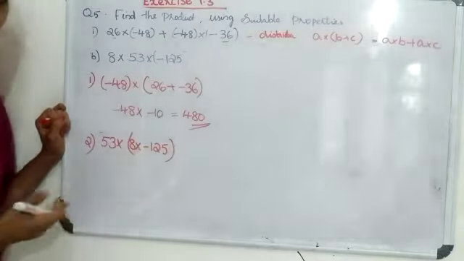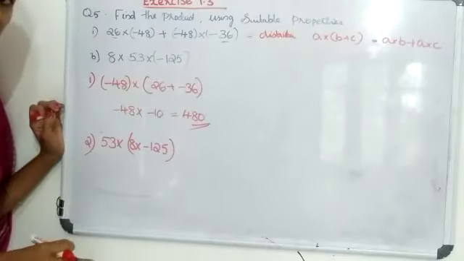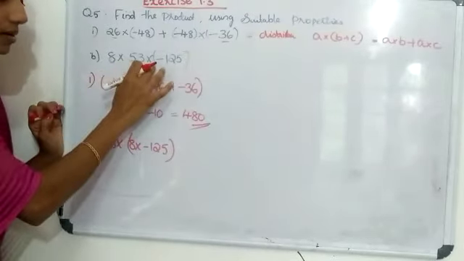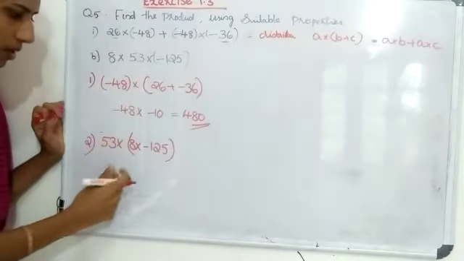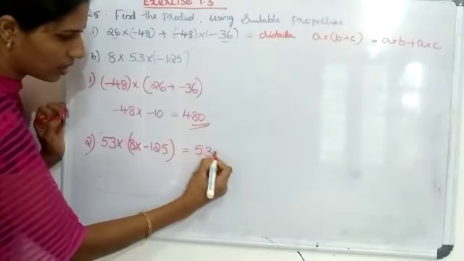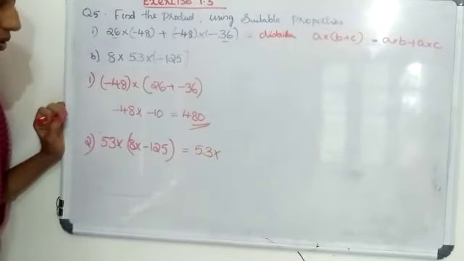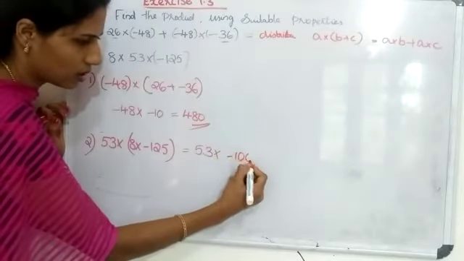You can take any order. If the 3 integers are in multiplication, with multiplication signs on both sides, you can use the associative property. What is that? 53 into 8 into 125, 125 into 8 is 1000, right?